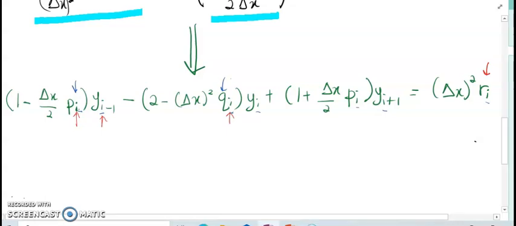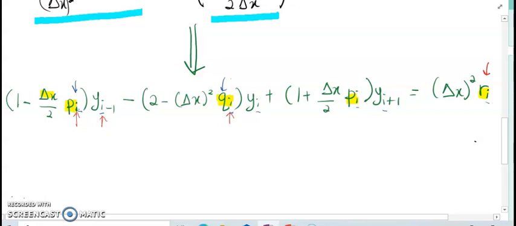For example, the delta x value you can get from the question, or sometimes you need to find the delta x value, just use the formula. The pi, qi and ri values are always given in the question.